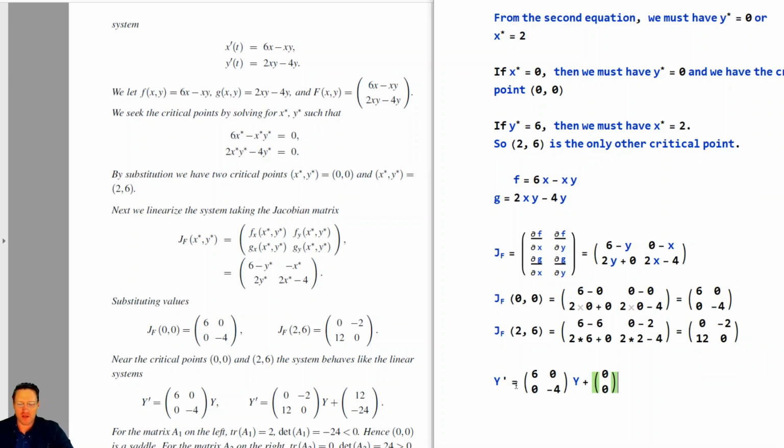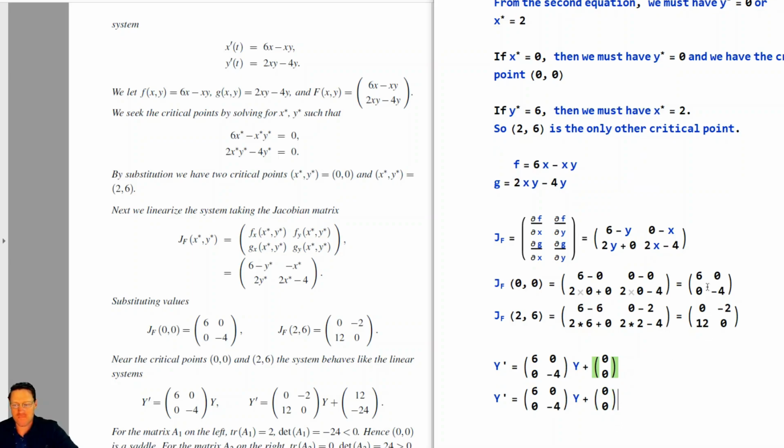All right, now for the other one, we have something very similar, except this time we have the matrix 0, minus 2, 12, 0 times y, but this part of it is not 0, 0, it's 12, minus 24 because, hang on, I'll show you why in a second.